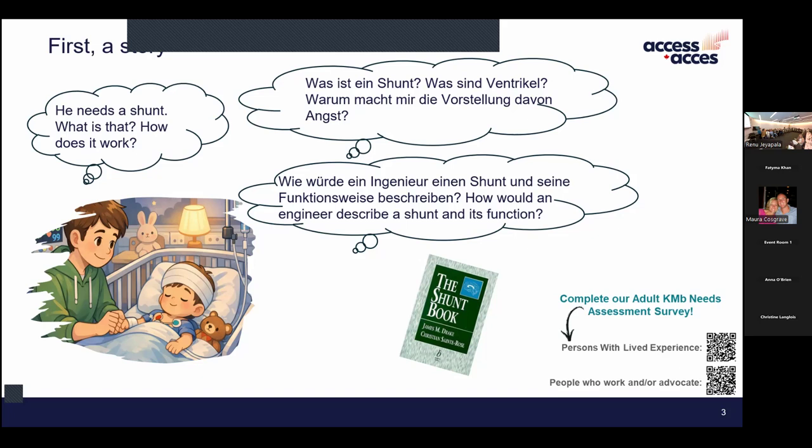The nurse practitioner sat down with him, showed him images, explained how the shunt would work, and yet that did not reach my husband. So then the NP gave my husband the shunt book. My husband read the book cover to cover, and his anxiety about the shunt melted away. For the record, I've never even picked up the shunt book because that's not how it reaches me.